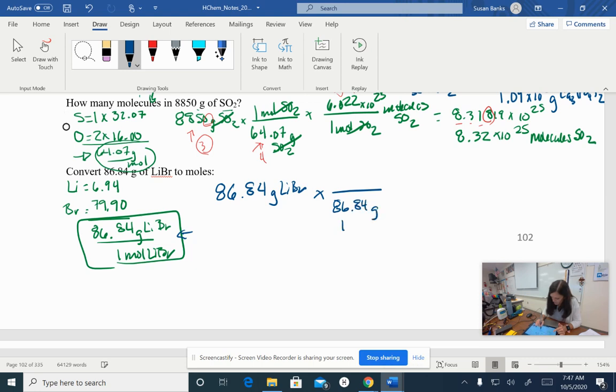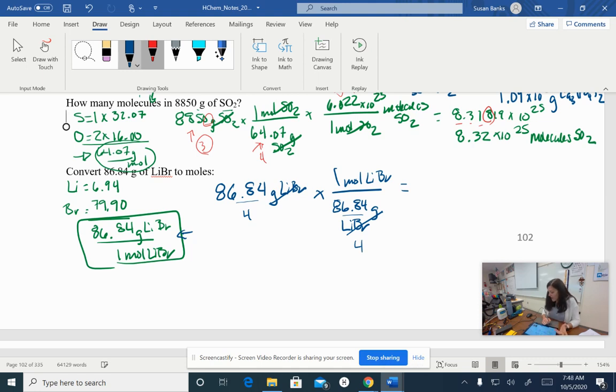86.84 grams of lithium bromide will give me 1 mole of lithium bromide. Okay. Now, my grams of lithium bromide cancel out. You'll notice that this is the same number, so it's going to reduce to 1. Now, the thing is, we've got 4 sig figs here and 4 sig figs here.